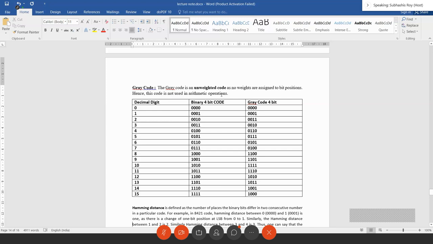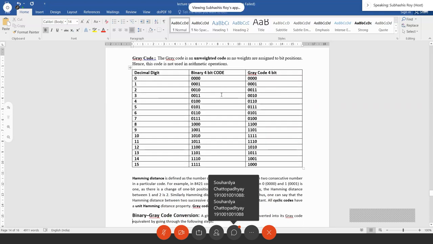If any code is not weighted, meaning it is not following a particular format for representing a number, then you cannot use it in any arithmetic operation. So gray code is not for arithmetic operation, it is for other purposes.